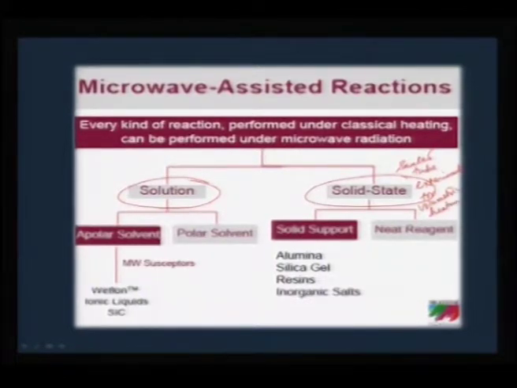For volumetric heating. So, we can actually go for any sort of reactions there. Neat reagents are possible, as well as solid supports are possible. So, variety of solid state reactions can be achieved.